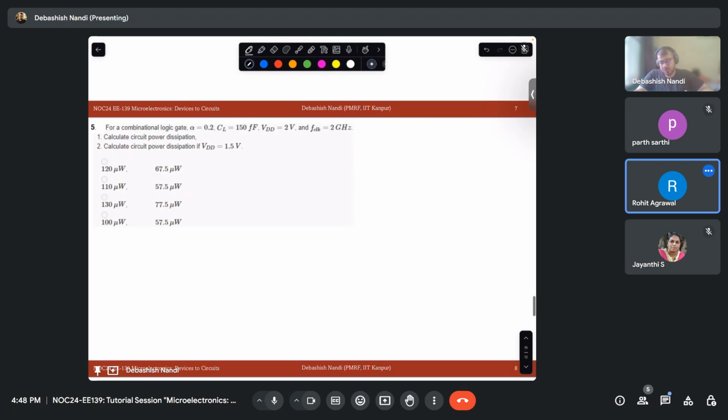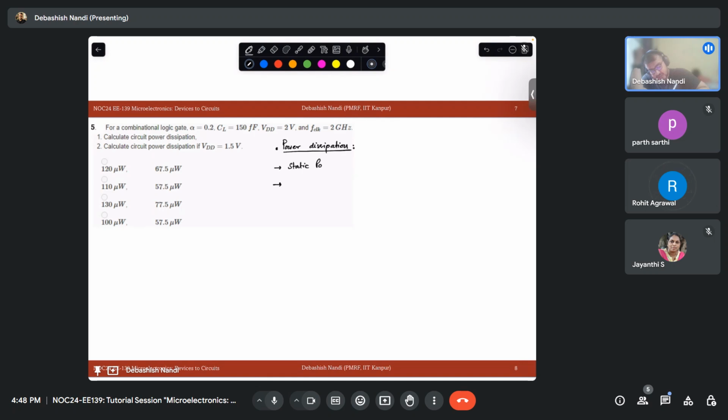Okay. So for a combinational logic gate, alpha is equal to 2. Calculate the power dissipation. So power dissipation. Okay. You have two types of power dissipation mainly, right?